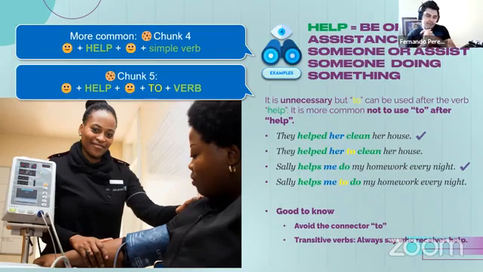I like to play football. I am going to practice my English. The second verb is always simple. But with help, the "to" is omitted. We are removing the "to". Now you get it. Good.